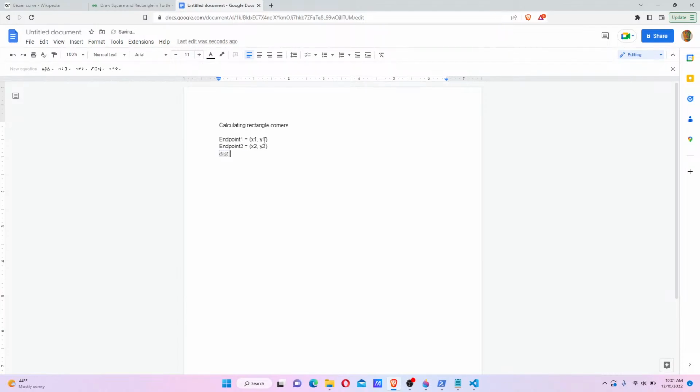Okay, so the distance between points is just equal to the square root of x2 minus x1 quantity squared, plus y2 minus y1, square that.